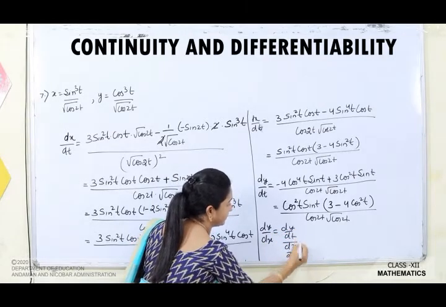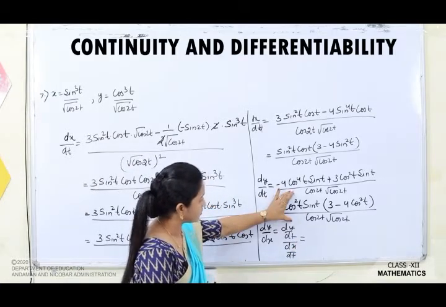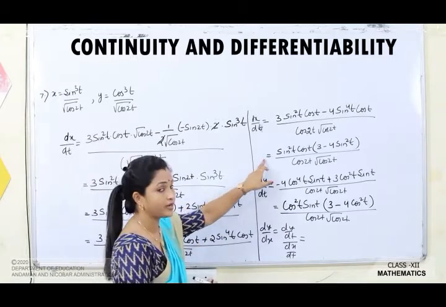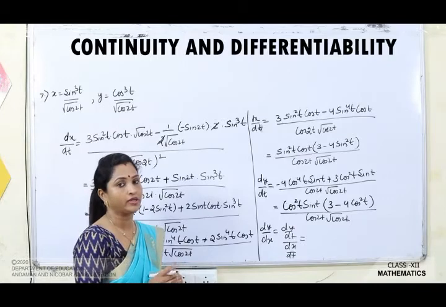Now you have to finally find dy by dx, which is what, dy by dt by dx by dt. What you will do, you will substitute in place of dy by dt this one and in place of dx by dt this one, and you will see that whether something is cancelling or not, and you will simplify and you can get the answer here.